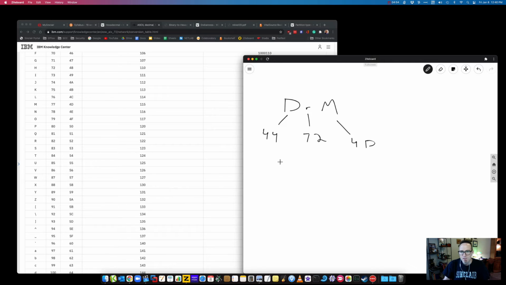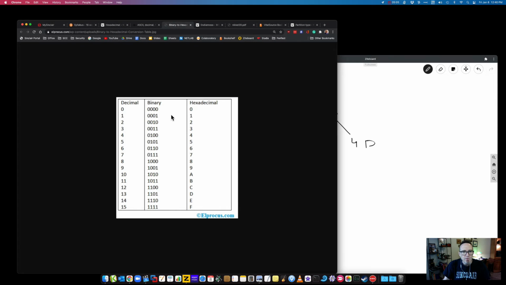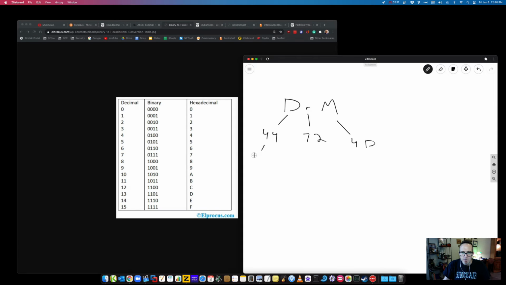Now what does it actually represent? What the hex dump or hex editor is showing you is taking this and actually splitting it into its binary form. So if we take a look at this table here, we'll see 4 is 0100. Of course, the same one, 0100. And we got, of course, 7, which is 0111.